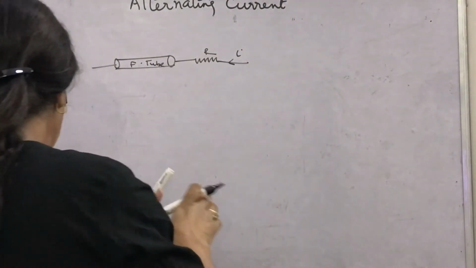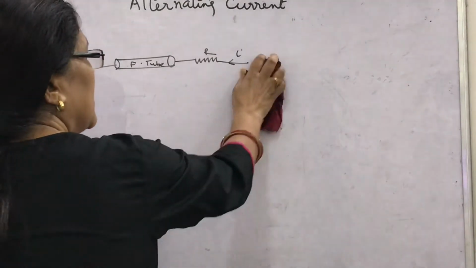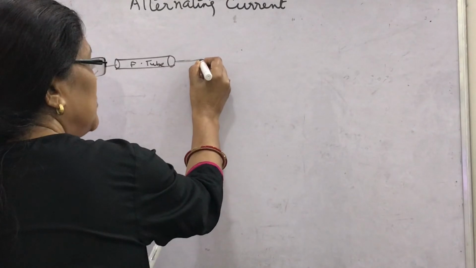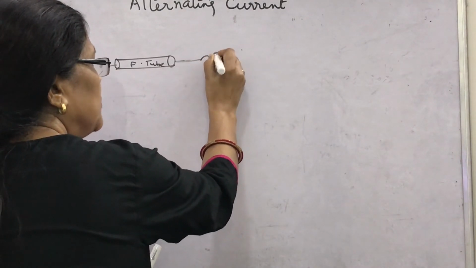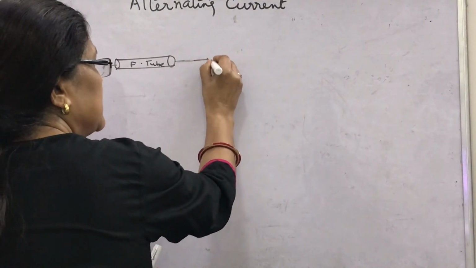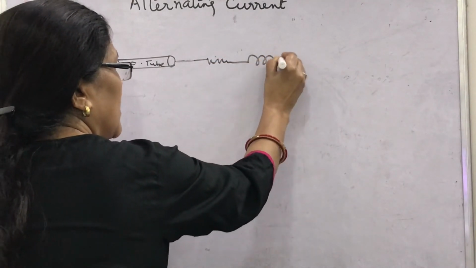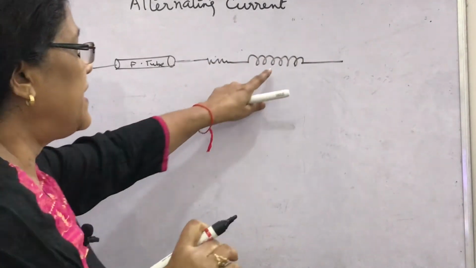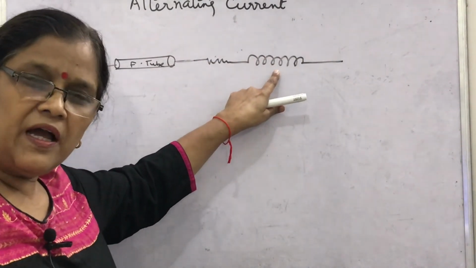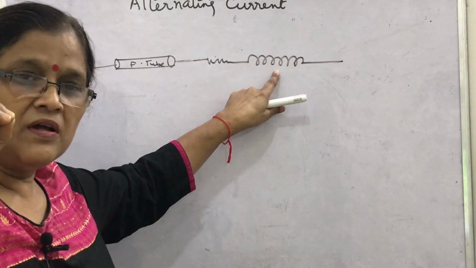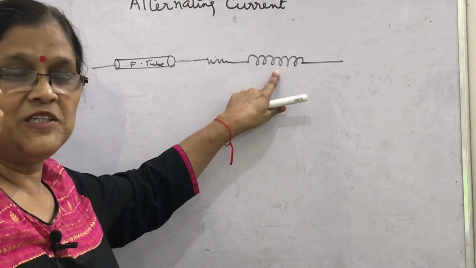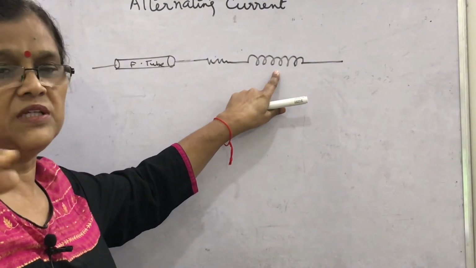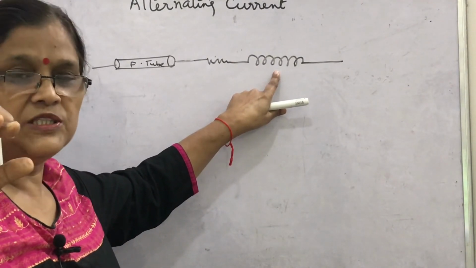To avoid this power loss, we connect a copper coil, or what is known as a choke. Choke means ideally an inductor, that is, a coil whose inductance is maximum and resistance is minimum. Actually, an ideal inductor is said to have zero resistance, but there is no substance or circuit which is solely resistance free.